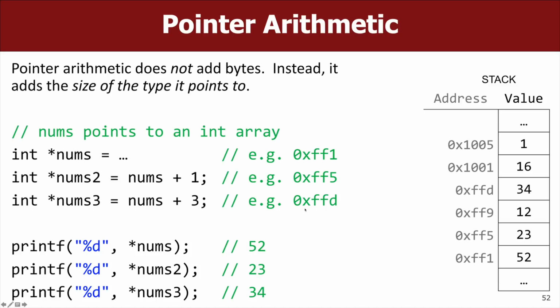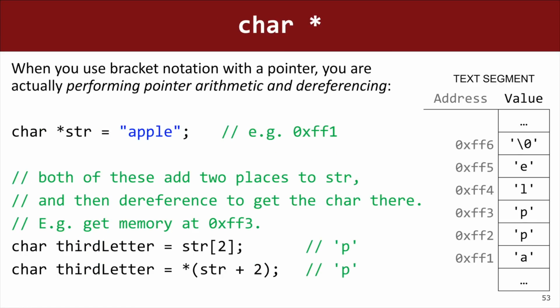Okay. You can also use bracket notation with a pointer, as well as an array if you'd like. When you're doing bracket notation, you're actually performing pointer arithmetic and dereferencing the pointer at the same time. So if you say str bracket 2, this gets the character at index 2. But you can break down this syntax into an equivalent syntax of star str plus 2. What's going on here?